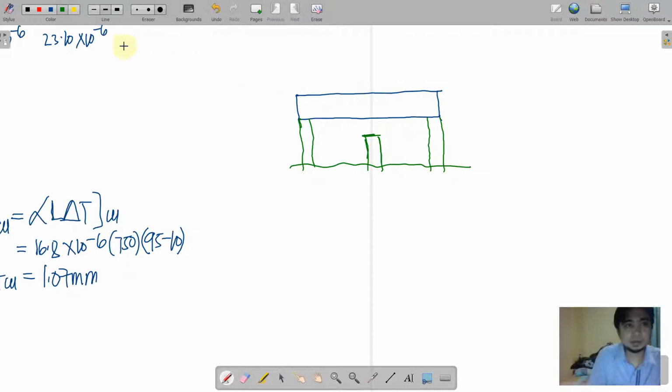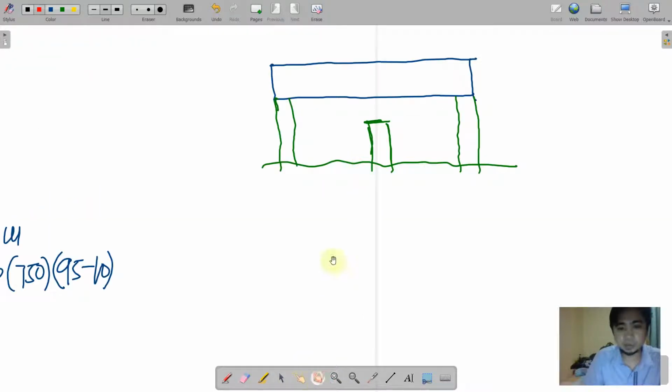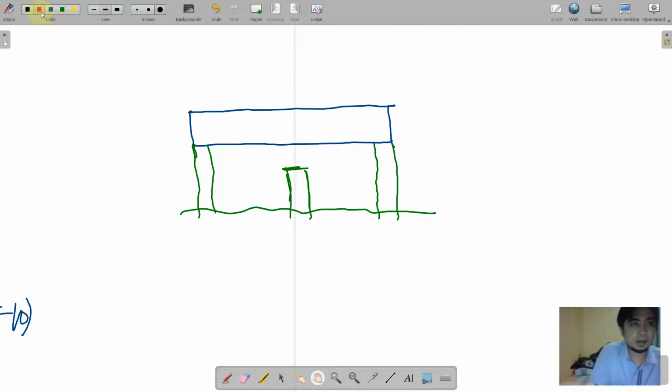Let us have an illustration indicating our dimensions. Let us zoom that out. Here, of course, the gap is already given. This is 0.18 millimeters according to the problem.